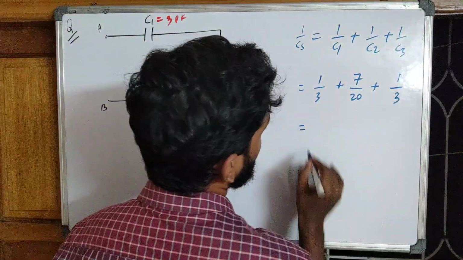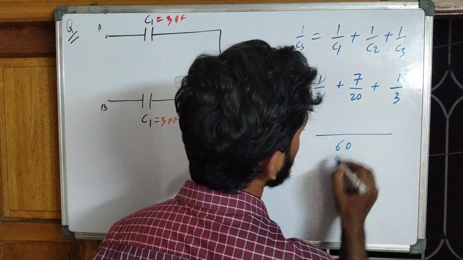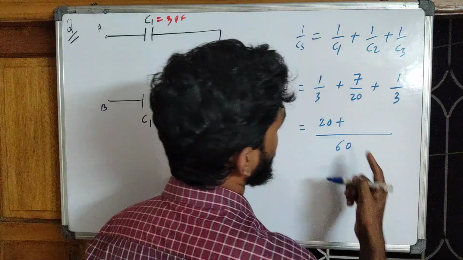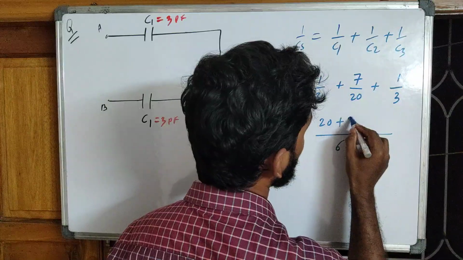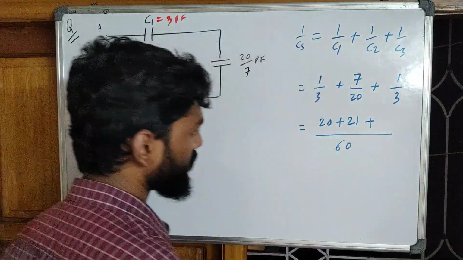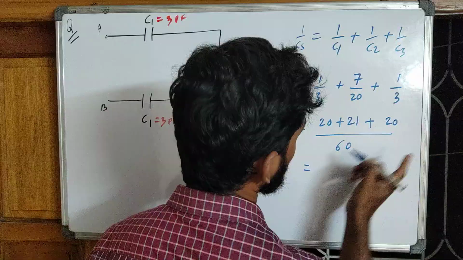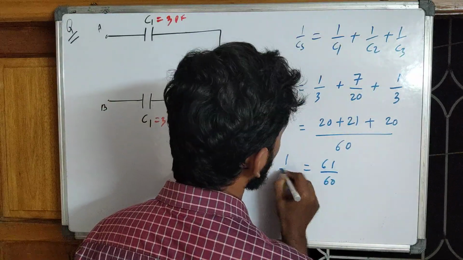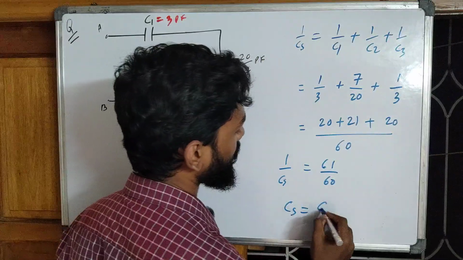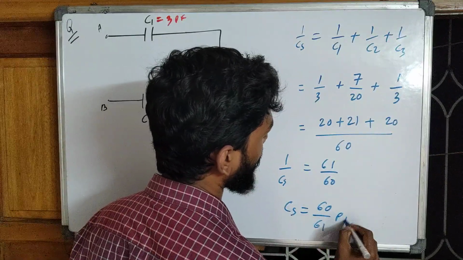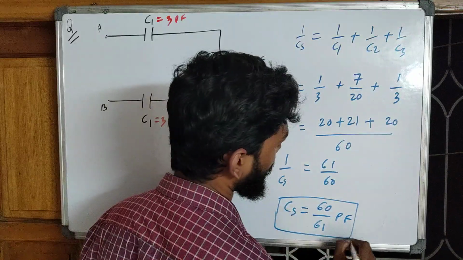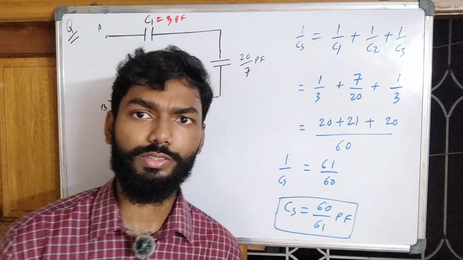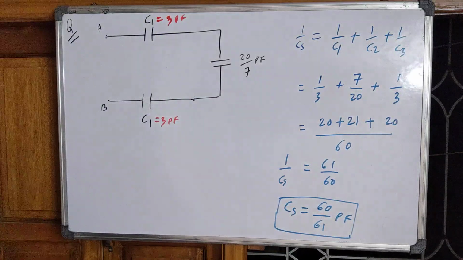What will be the LCM? 60 will be the LCM. 3 7s are 21 plus the rest, so the answer is 61 upon 60 equals 1 by Cs. So Cs equals 60 by 61 picofarad. This is the answer for this particular network. I guess this is a bit clear now.